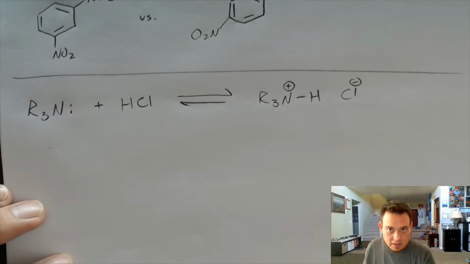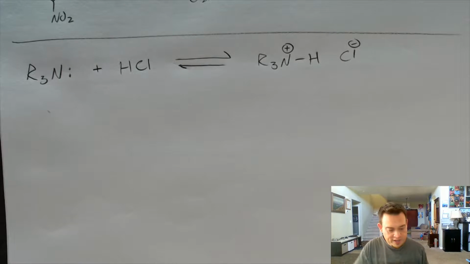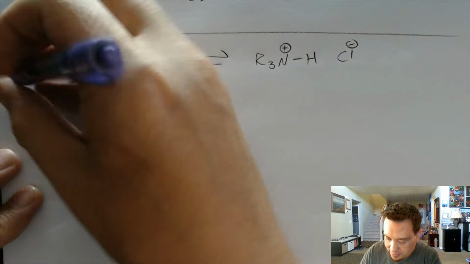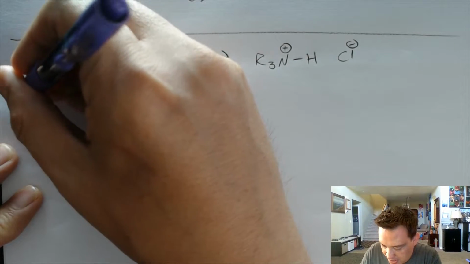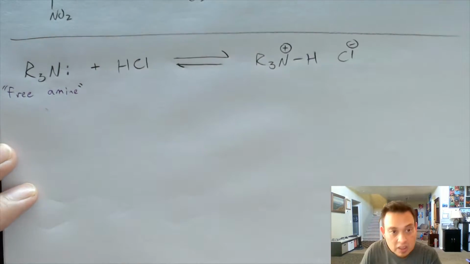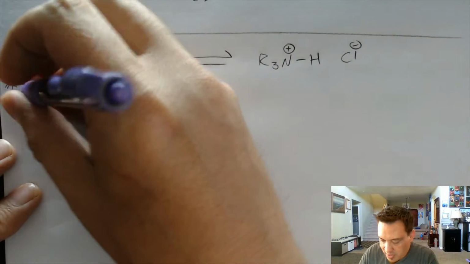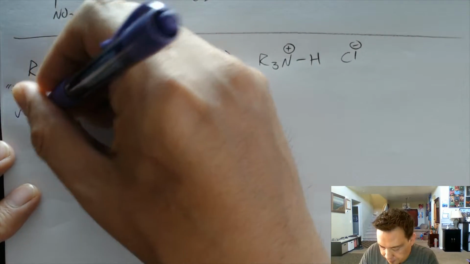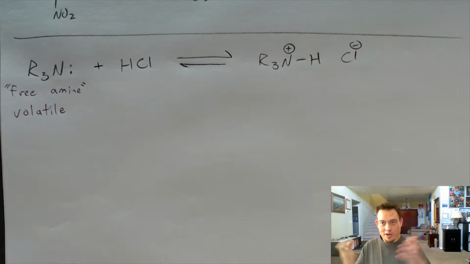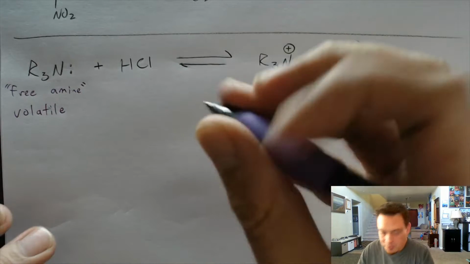All right, so if you have your free amine, that's what these are typically referred to as, a free amine. These typically end up being volatile, meaning they have a high vapor pressure, and they give off a lot of odor typically.